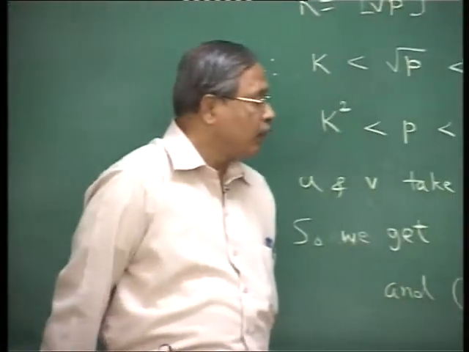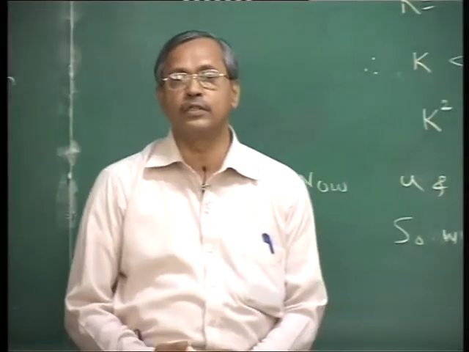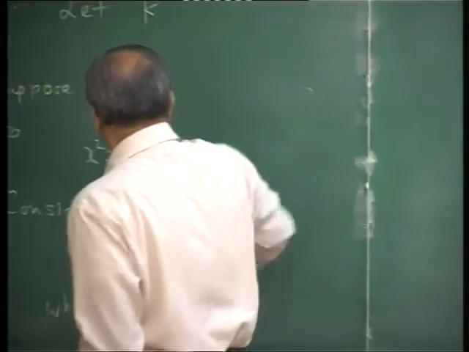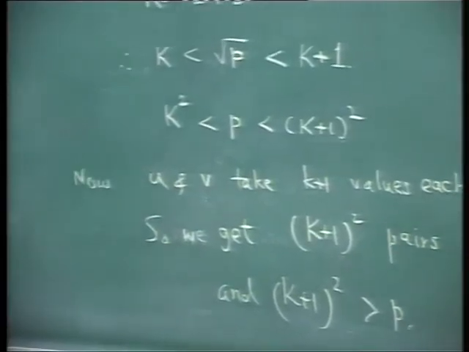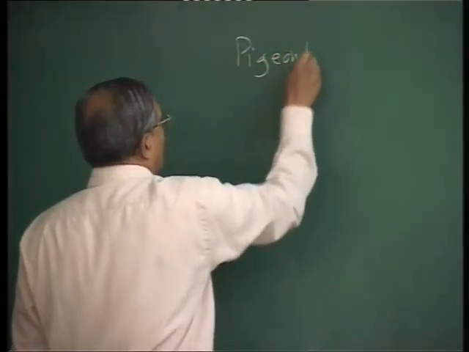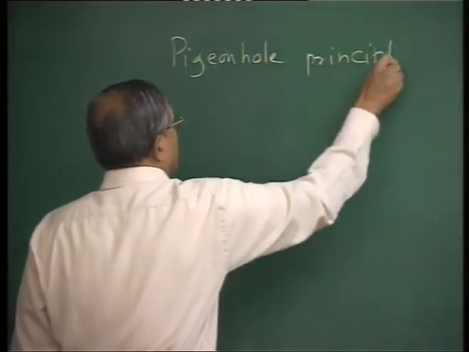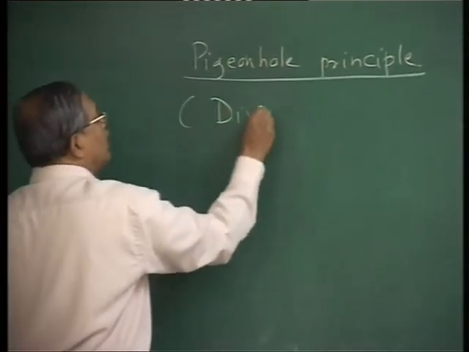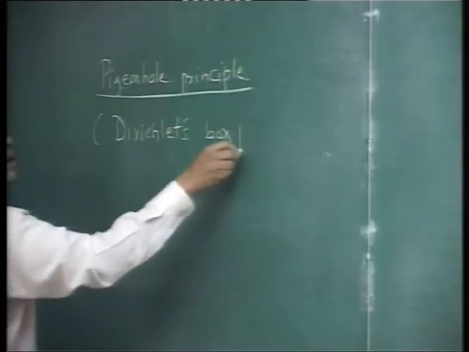Now, we shall use a well known principle in combinatorics, which is called the pigeonhole principle. This is also called Dirichlet's box principle.